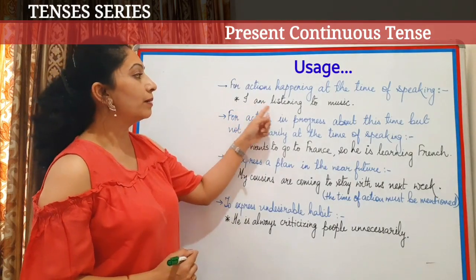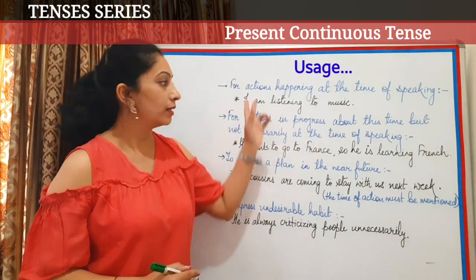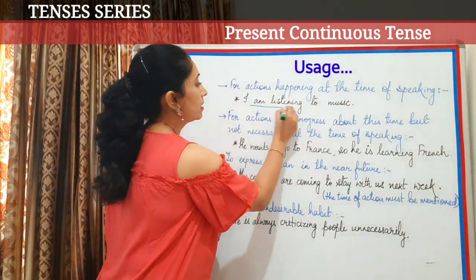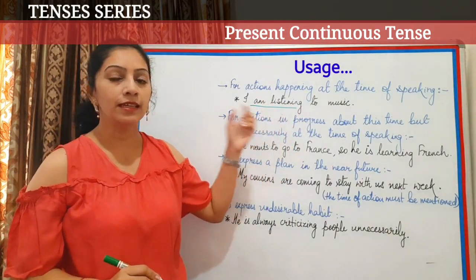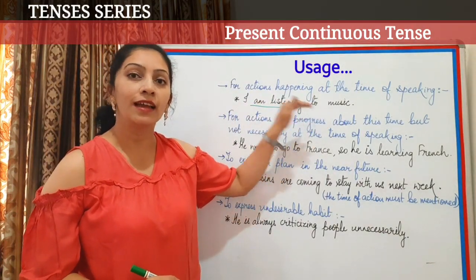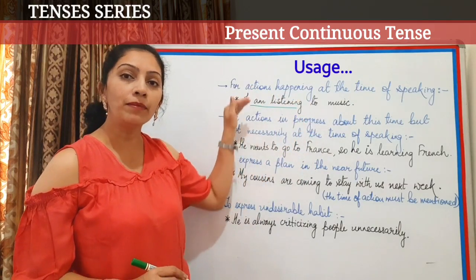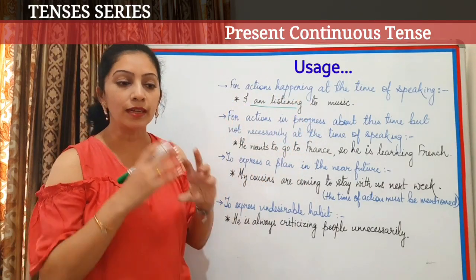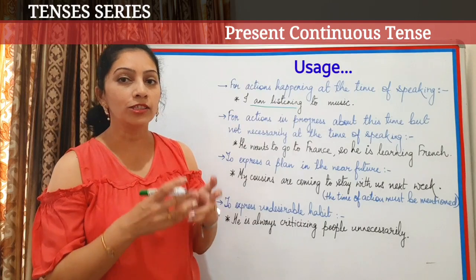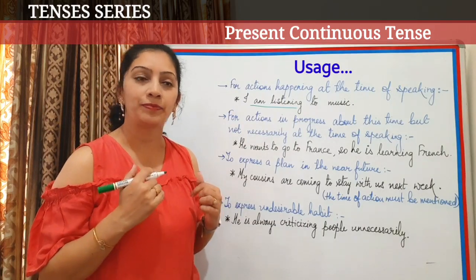For example, I am listening to music. Now this am listening tells us when I'm speaking this sentence, at that time I am listening to music, which means at the time of speaking that action is happening parallelly.